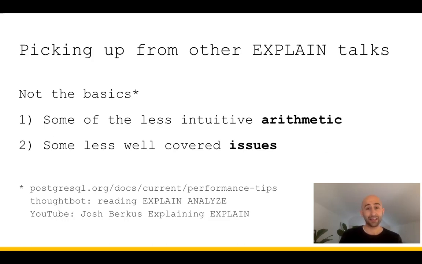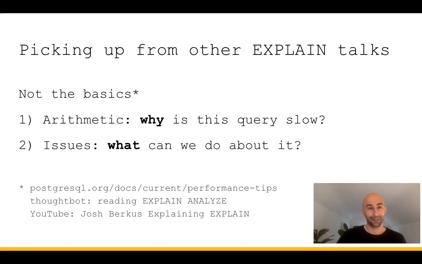And then in addition to that, once you've got the calculations sorted, what kinds of issues could you be looking out for, and perhaps not just the few that you might be most familiar with. So I'm going to try and skip over those and move to some of the less common ones. So in short, help you determine why is this query slow and what could you do about it.